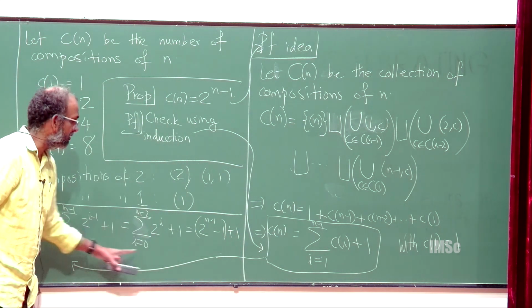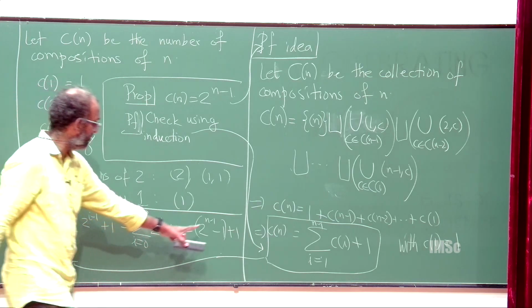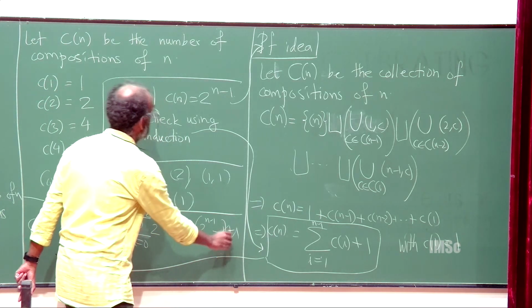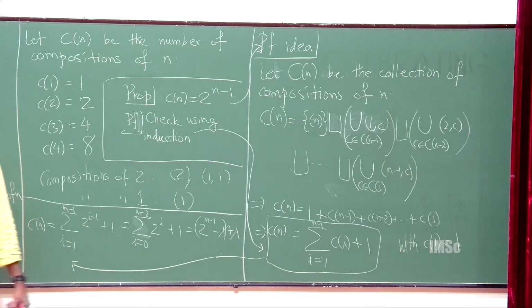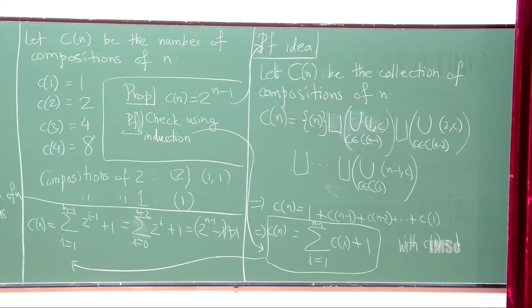By the standard geometric series, this sum is 2 to the n, plus n minus 1, and the 1s cancel. So we proved this formula, so it is correct, we have convinced ourselves. But this is a boring proof, I don't like this proof. I'll give you a better, more interesting proof.